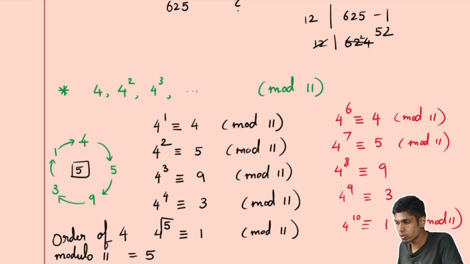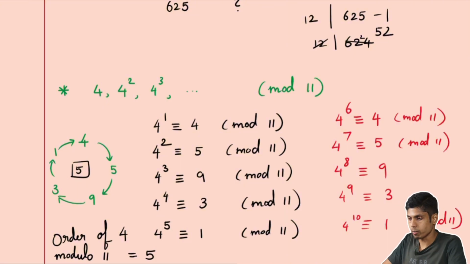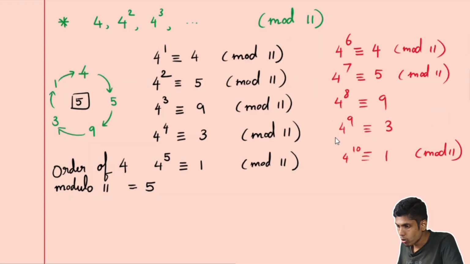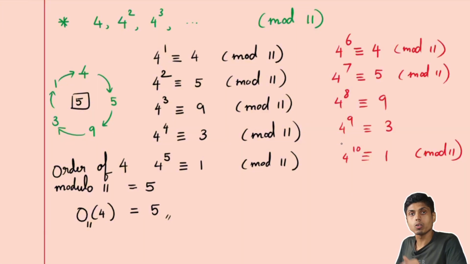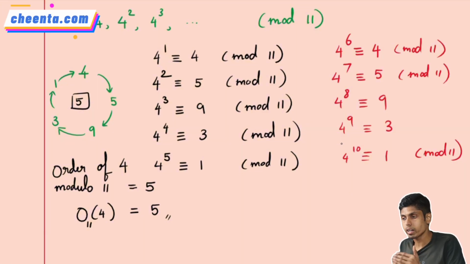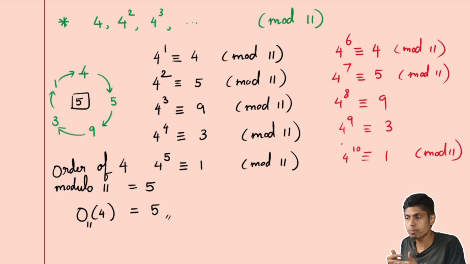And that smallest natural number is 5. So there are two interpretations of order of an element, and it is symbolically written as O of 4 with suffix 11 equals 5. And this is quite important. Once you compute the order of an element, you actually compute the length with which the remainders repeat for higher powers of a certain number.